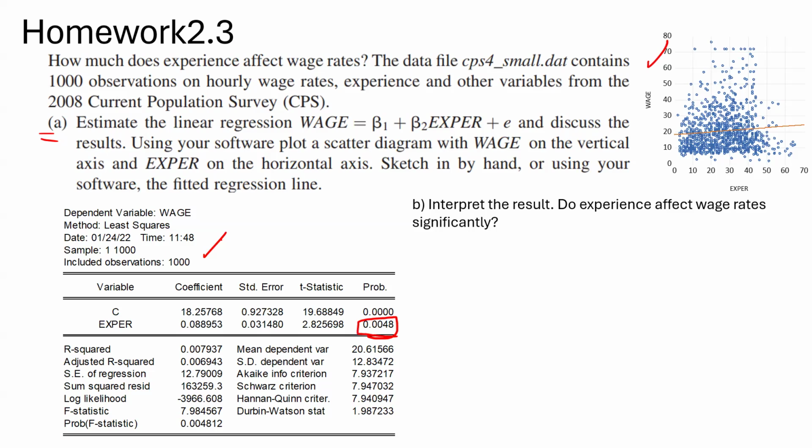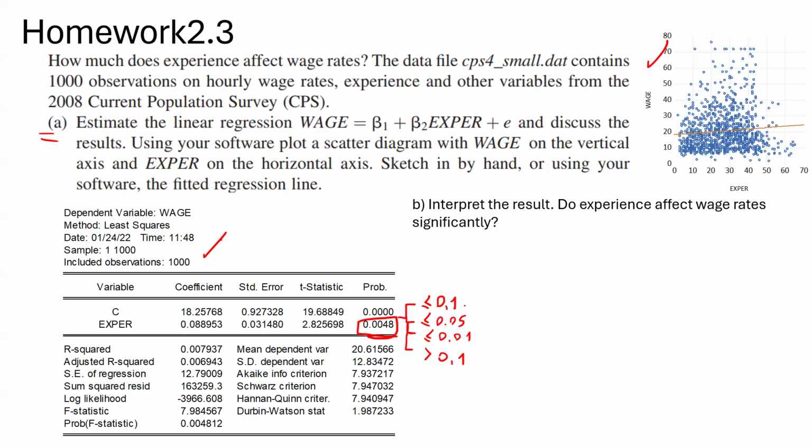Typically you can divide into four categories. If the p-value is less than or equal to 0.1, 0.05, 0.01, or greater than 0.1.